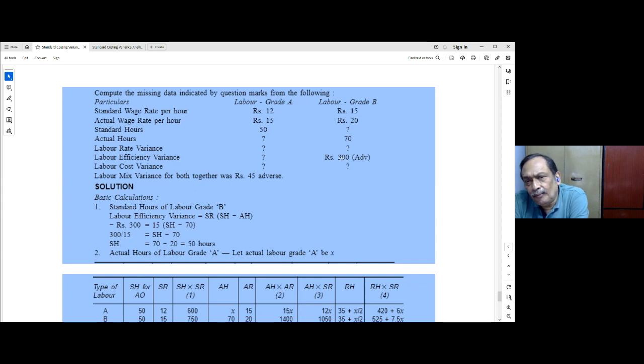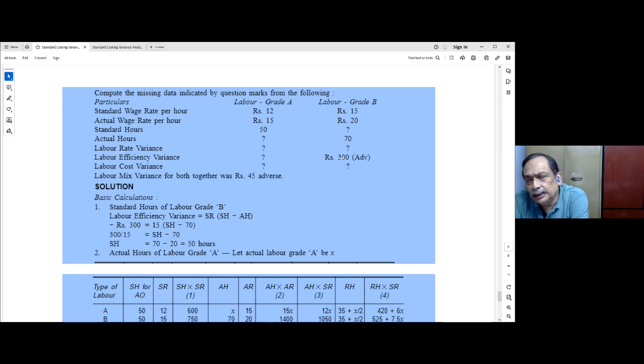Now we are coming to the last problem. Just like material, we may have a labor problem with missing information. So it is given, compute the missing data indicated by question marks from the following. You are having three columns.